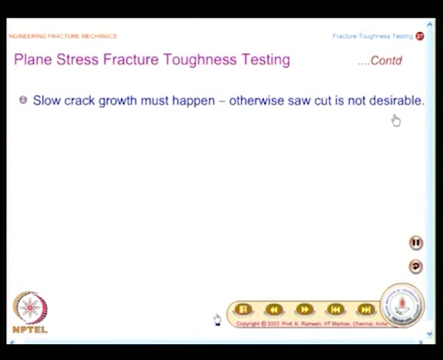So, in any plane stress testing, you should have a stable fracture followed by catastrophic failure. The indication is the slot has to be looked at. If the slot is of desirable dimensions, you will always see a stable fracture followed by catastrophic failure.